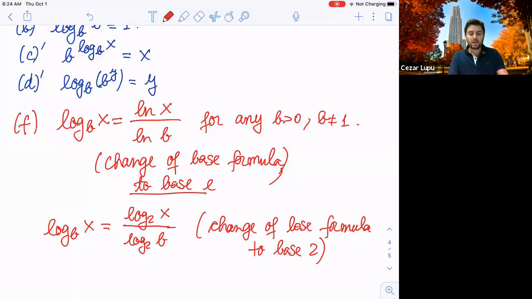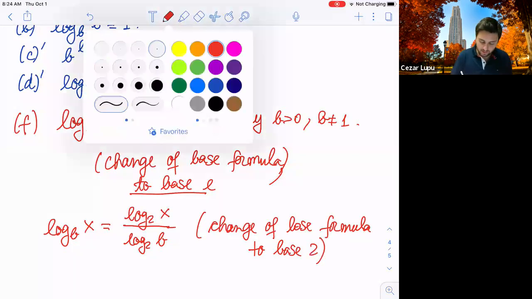Now let's put them together. We'd like to draw a chart and put all these properties together, and see how we distinguish between them. And then afterwards, we'll do some examples.